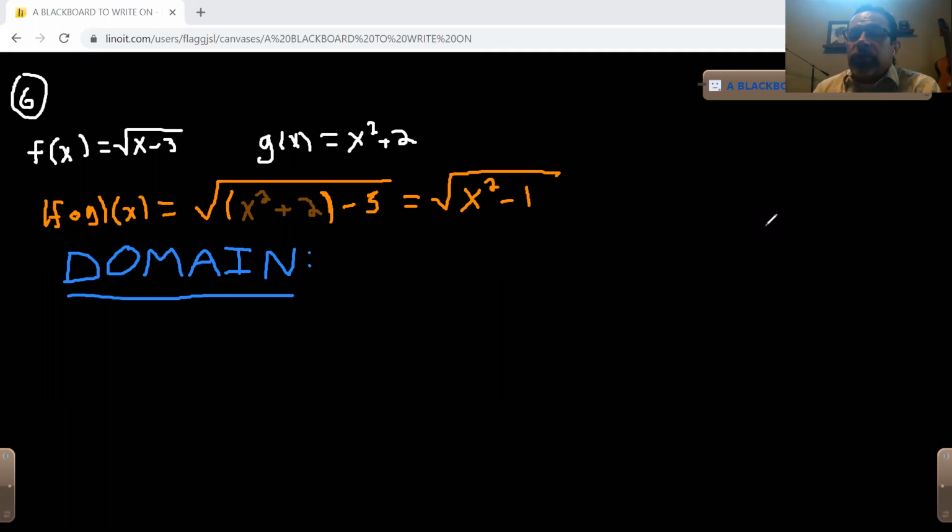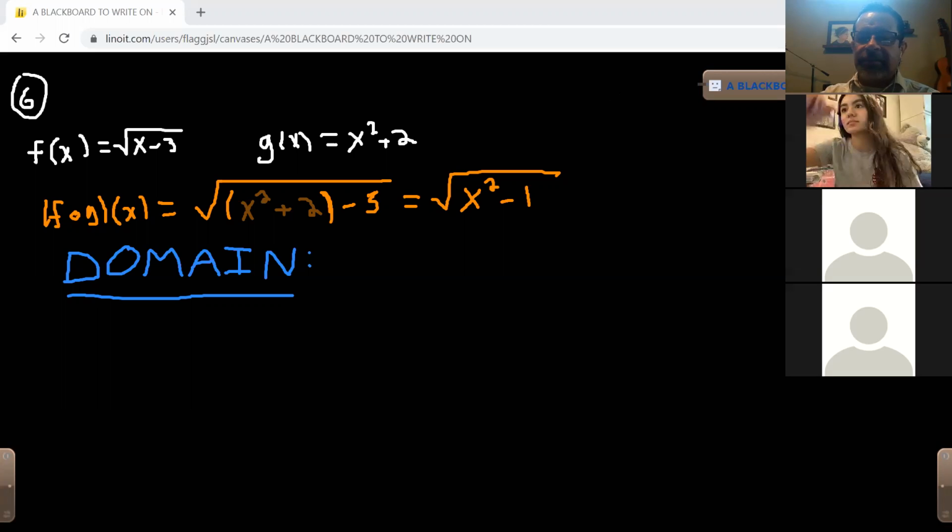Now, what are the restrictions for a domain? What are things that can restrict a domain? The roots. Enya, we're going to stay with you. It has to do with the roots.